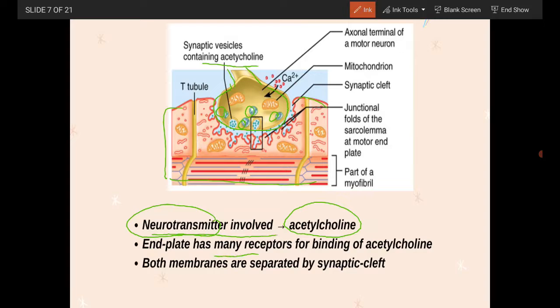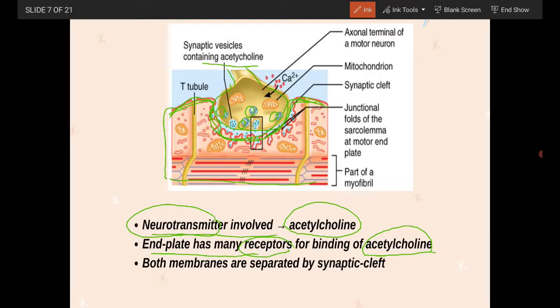The end plate has many receptors for binding of acetylcholine. So this is the end plate, or we refer to as sarcolemma, also known as end plate. And on top of the end plate, there are many receptors for binding of acetylcholine.